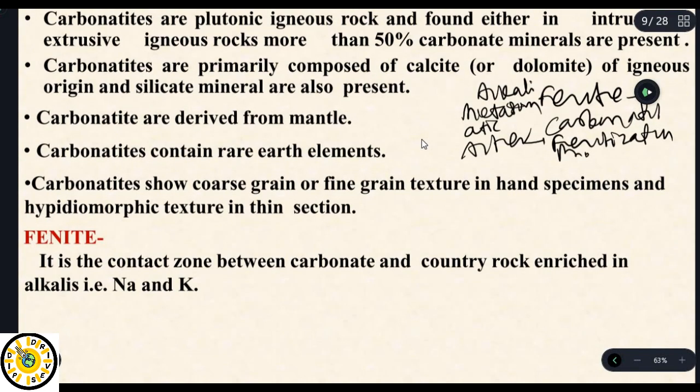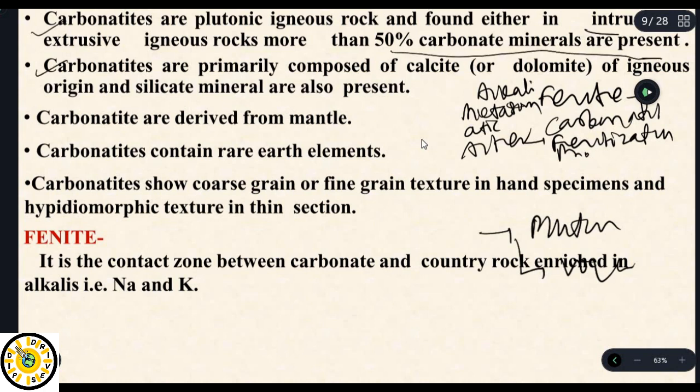So this is the basics about carbonatite. Carbonatites are igneous rocks found either in the plutonic, intrusive environment, or the volcanic environment, where more than 50% are carbonate minerals.